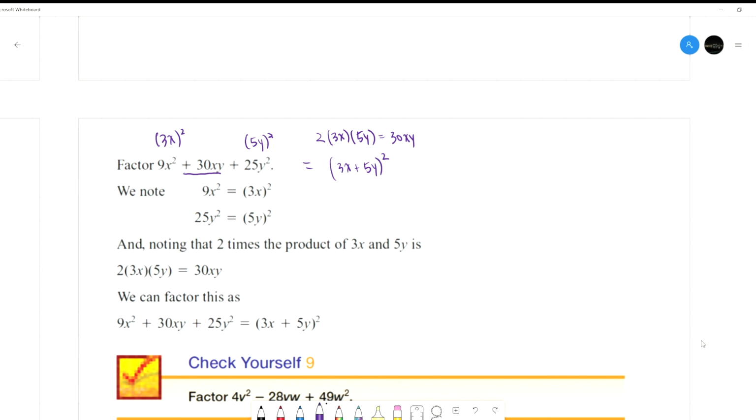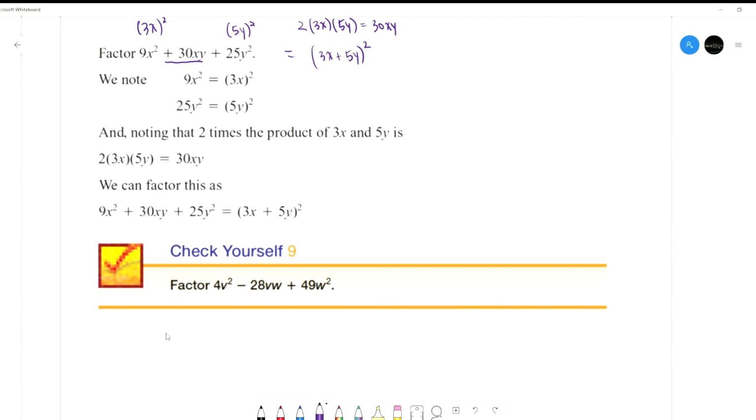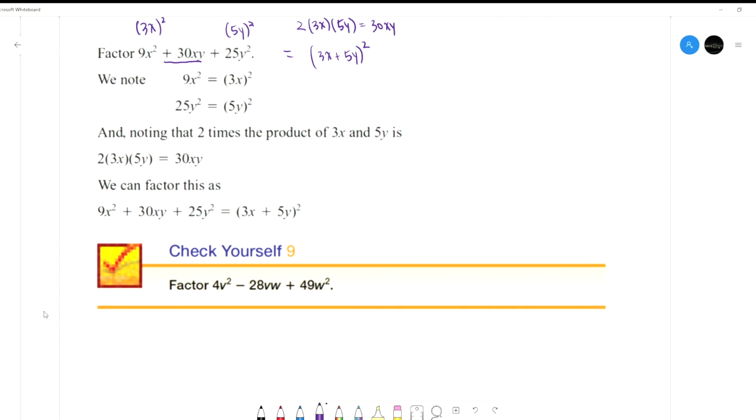Should we take a look at this one here? You see this is a minus 28. So the factor is going to be something minus something squared. Why don't you try this one? I'll let you take a look.